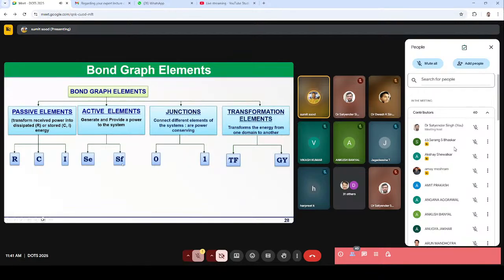And for source of flow, for example the volume flow rate from the pump, the pump can be called a source of flow. Then we have the junctions. These are called the multiport elements that are used to connect all these elements with each other, or different systems or subsystems to each other. We will see what these 0 and 1 mean. And then there are the transformation elements that are used to transform the energy from one form or from one domain to another domain.